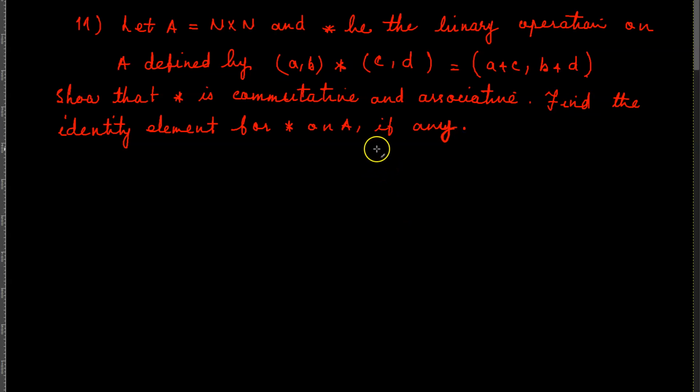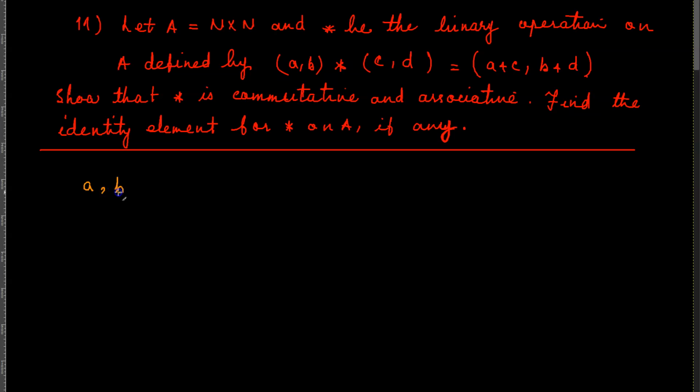Okay, so to show that star is commutative, you can simply calculate (a, b) star (c, d), and by definition that gives you (a plus c, b plus d).